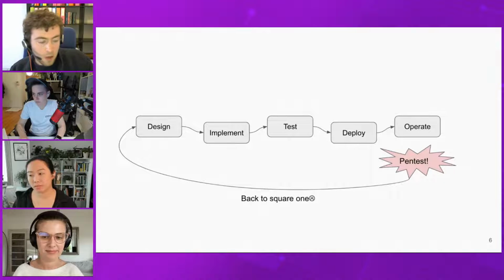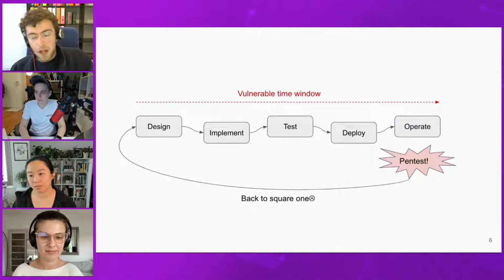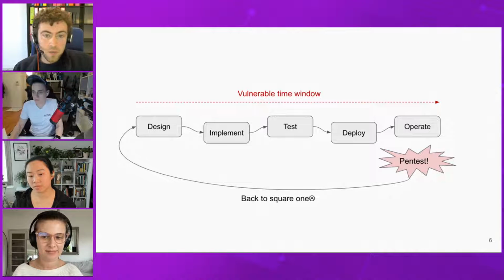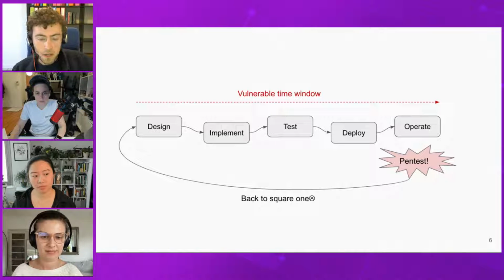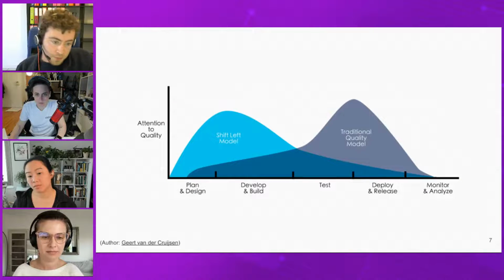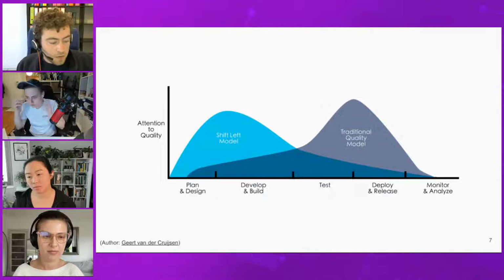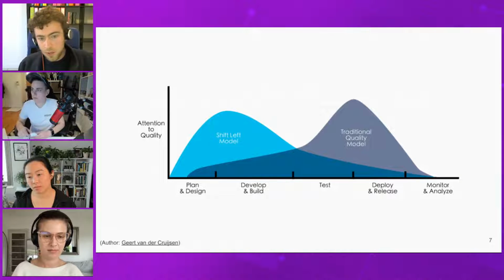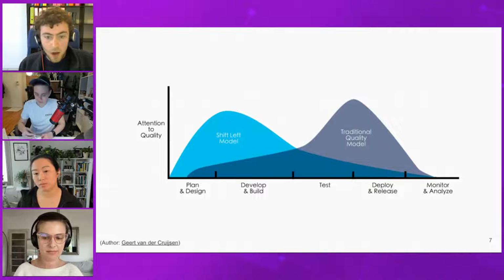So it's bad from a planning perspective, and also bad from a risk perspective, because it means that the time window during which we have a vulnerability in production is pretty wide, typically going to be days, weeks, or even months maybe. So what people have been trying to do in the last years is to shift left on security. So what this means is basically trying to care about security early on.